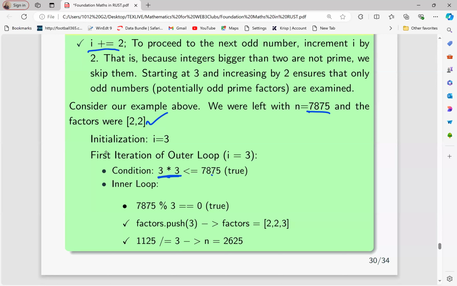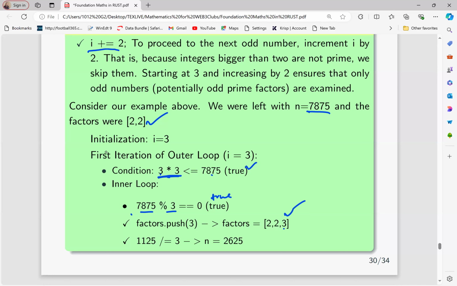If it's less than or equal to that, then the program will say true. It's true that I times I is less than or equal to that. So you enter the inside loop now and check whether the number is divisible by 3. If the number is divisible by 3, that means it's true, you make 3 a factor. So now we have 3 factors. We came with the 2, we now have 3 as another factor.